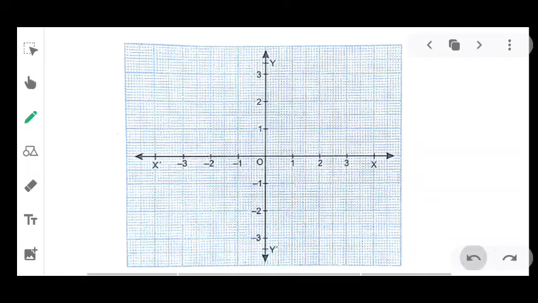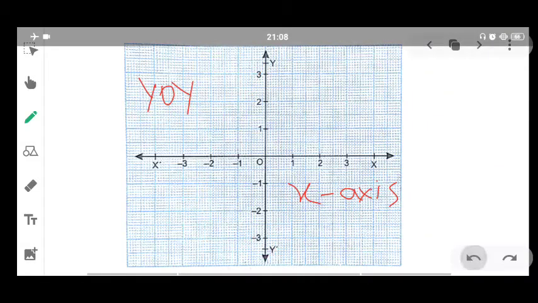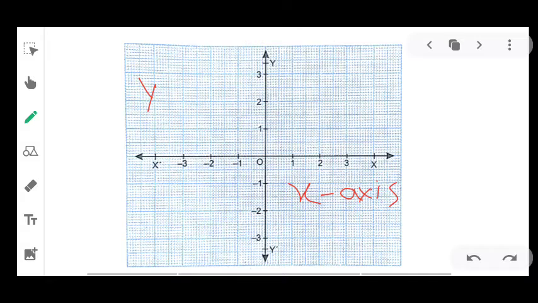And the horizontal line x dash o x is called the x axis, and the vertical line y o y dash is called the y axis.